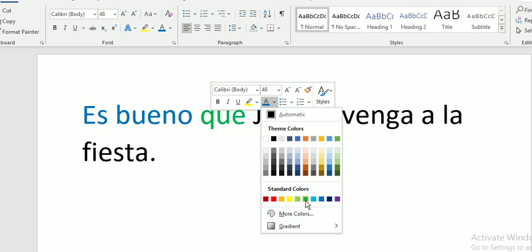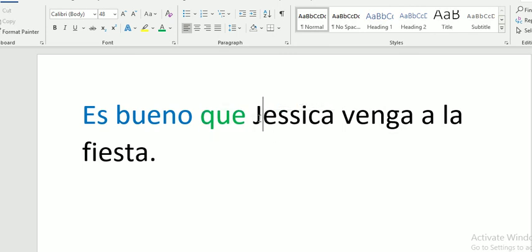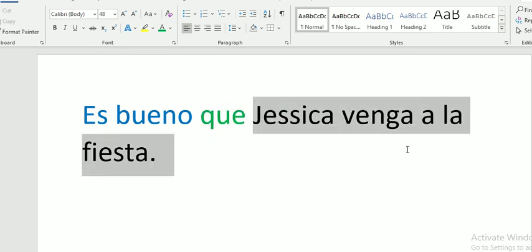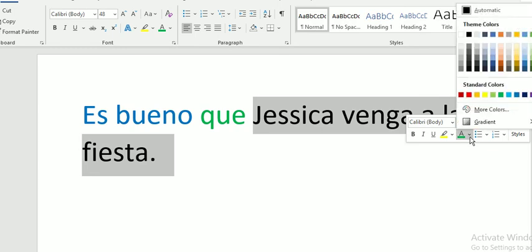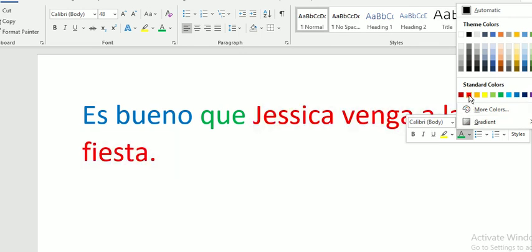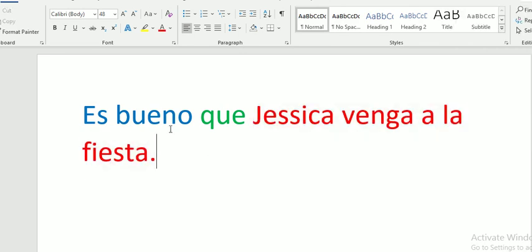And then Jessica is at the center of the action of the subordinate clause. Es bueno is good, que, that, Jessica venga a la fiesta. It's good that Jessica comes to the party.